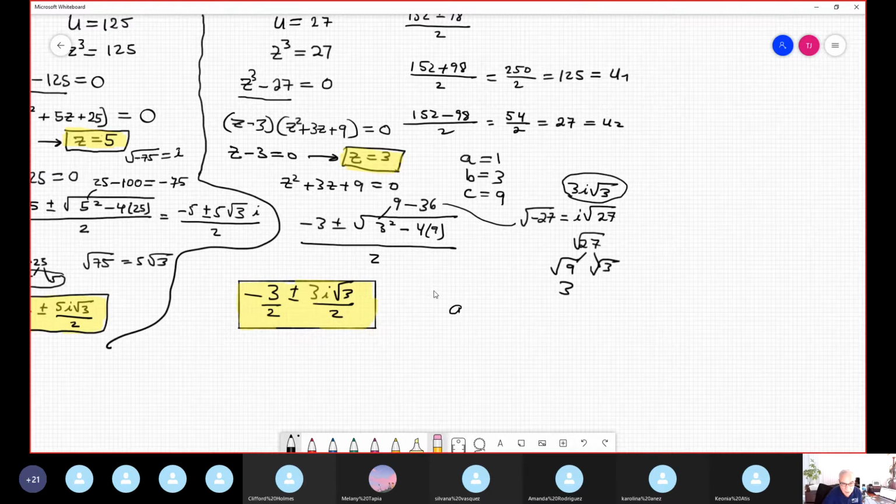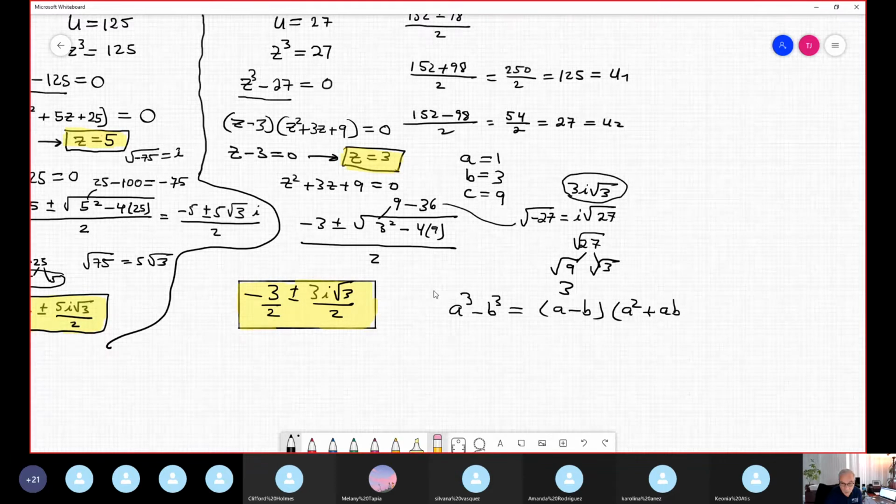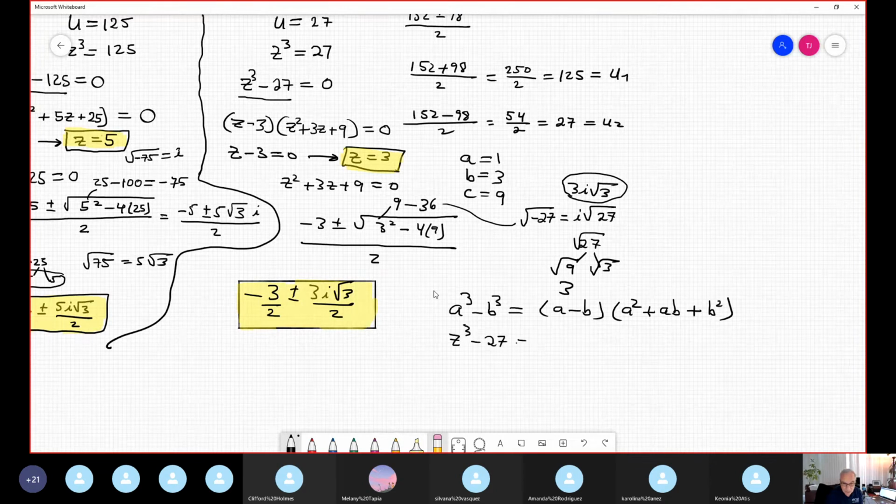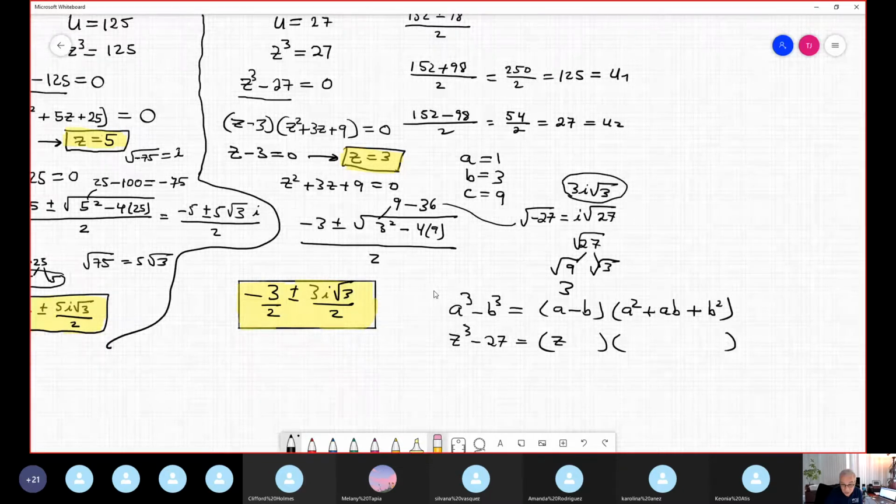The formula of the factorization of a difference of cubes is a minus b, times a squared plus ab plus b squared. In our specific example, we have c cubed minus 27. How do you translate in this new situation? Well, the cube root of c cubed is just c, and the cube root of 27 is 3.